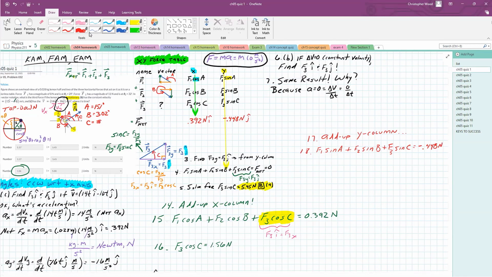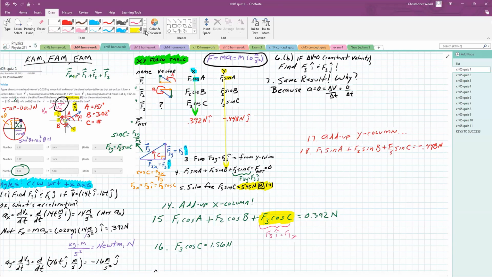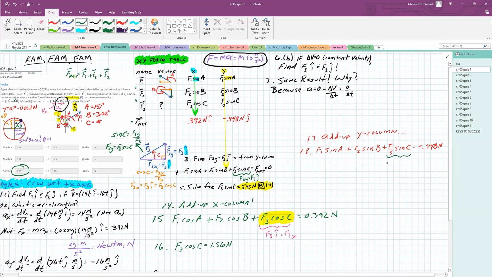And this, you are looking at the Y component of F3, right here. The sine will capture the Y component. So this is F3 J hat, also known as F3 Y.